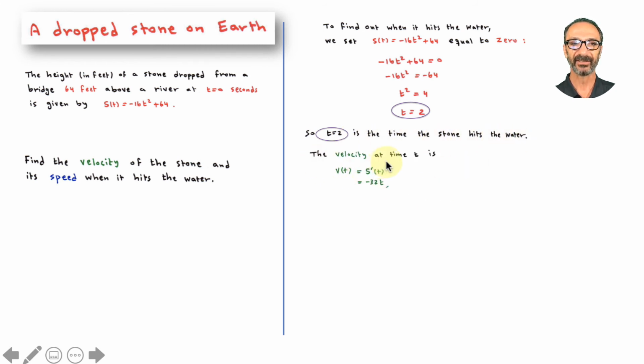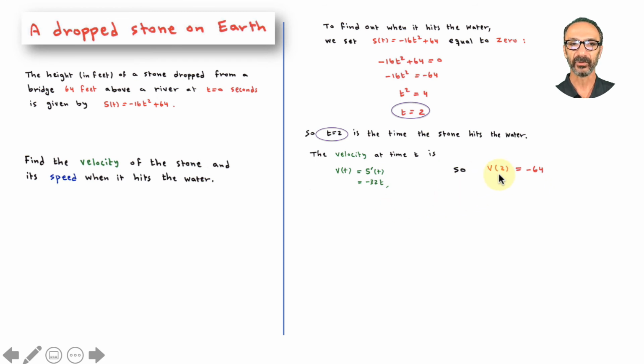The velocity at t is v of t equals s prime, which is the first derivative of this guy. 2 comes down, makes this negative 32t, 64 will be 0. So minus 32t.